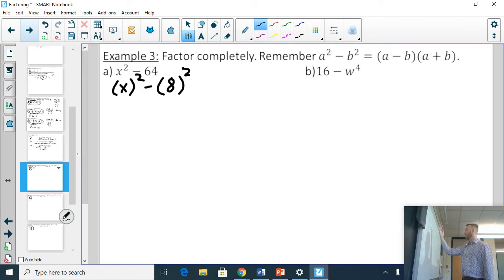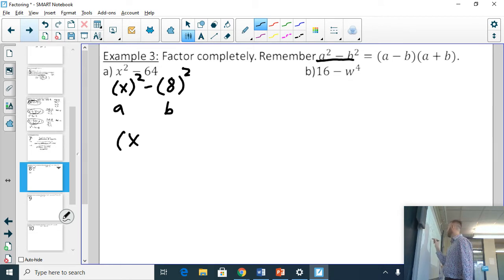If you just recognize it, oh, x squared and then 64 is 8 squared, that's great. So this is our a, and that's our b. That's our a squared and our b squared up here. And then we just follow that a minus b, a plus b. So it would be x minus 8, x plus 8.